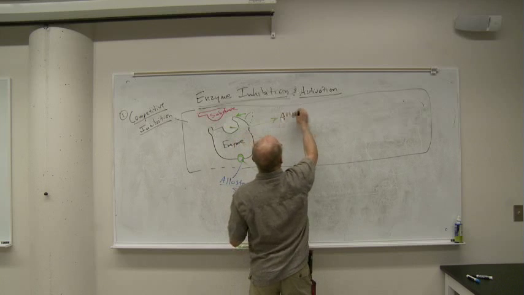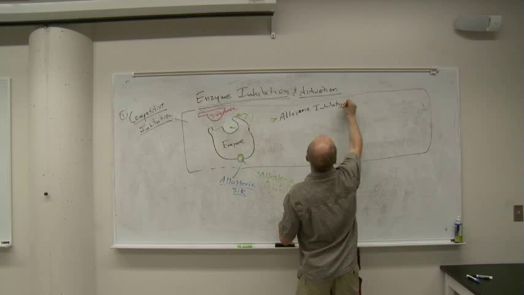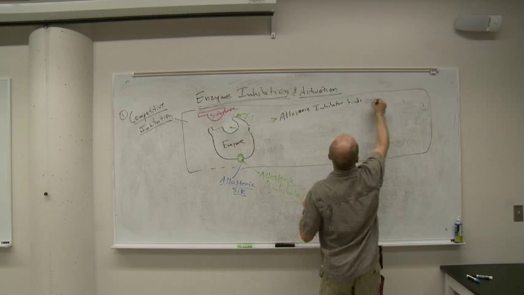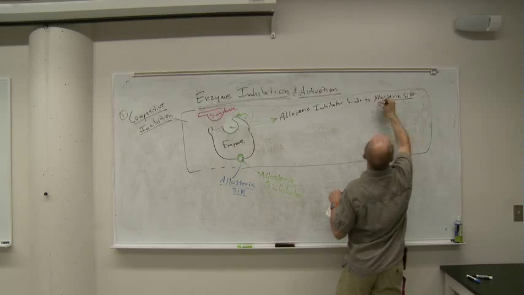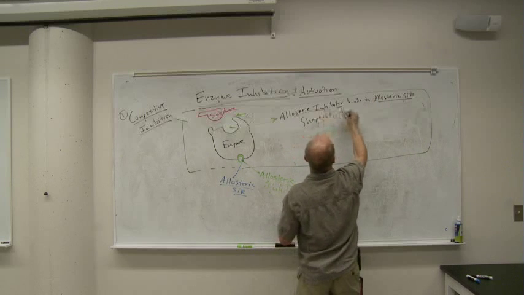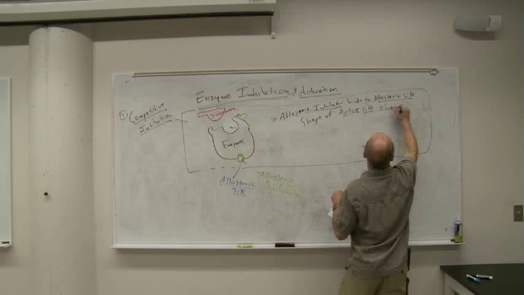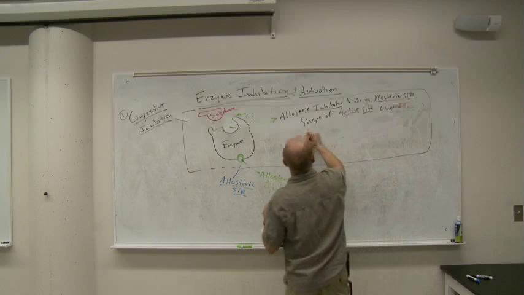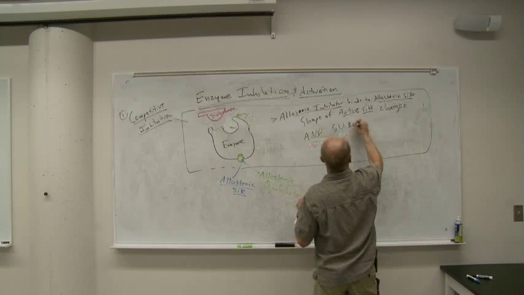So, allosteric inhibitor binds to allosteric site. Shape changes. The shape of the active site changes, and therefore substrate can't fit.